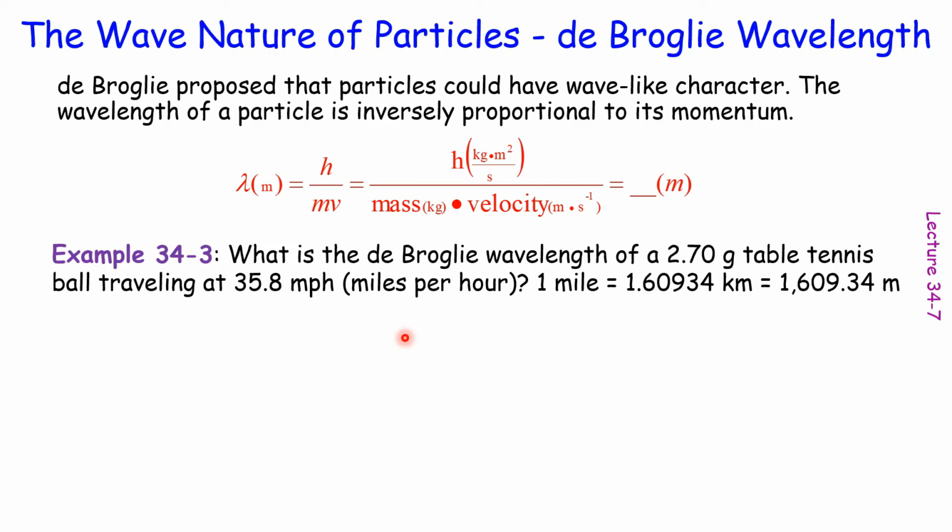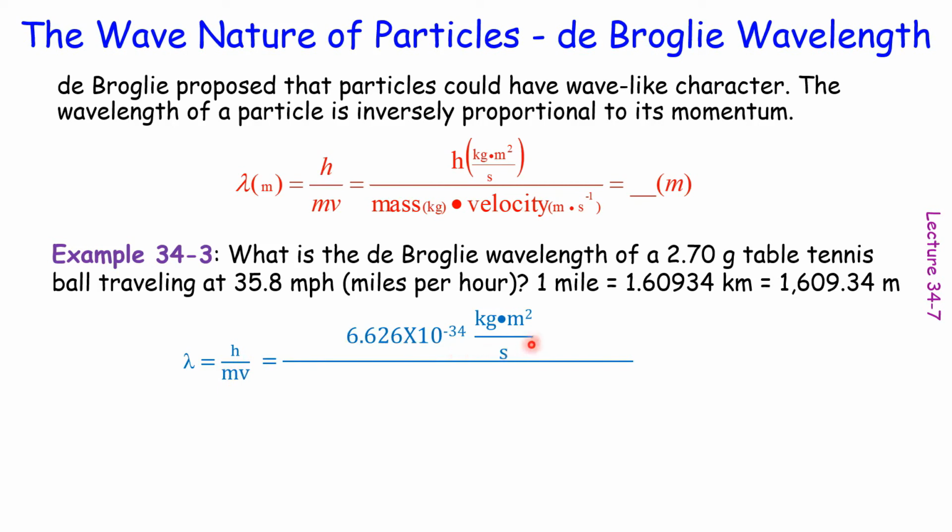Let's work on a de Broglie wavelength related problem. We need to find out the wavelength of a 2.7 gram ping pong ball traveling at 35.8 miles per hour. Write down the h first.